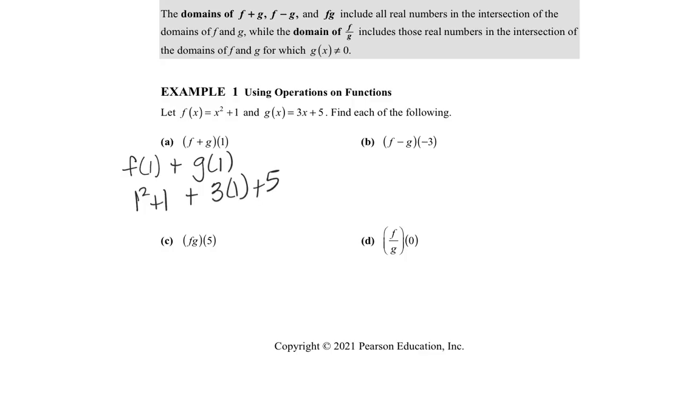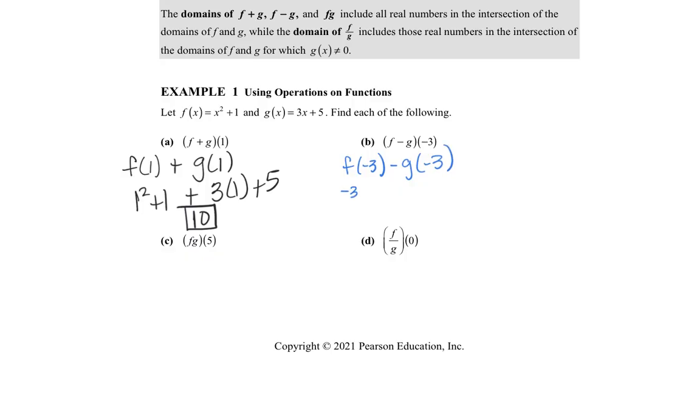So 1 squared is 1, 1 plus 1 is 2, 2 plus 3 is 5, and 5 plus 5 is 10. And that's all you have to do, just plug that 1 in for all of your x values and add them together.